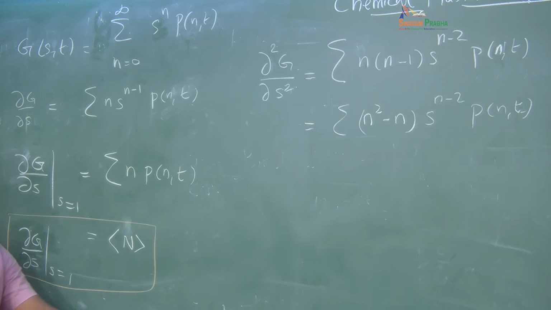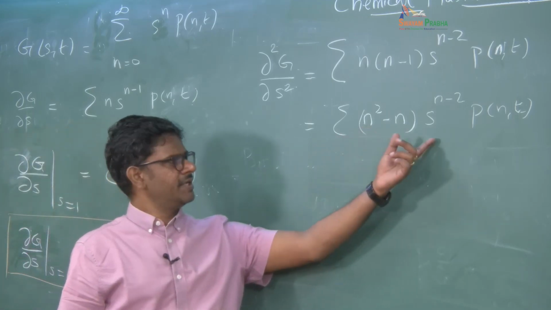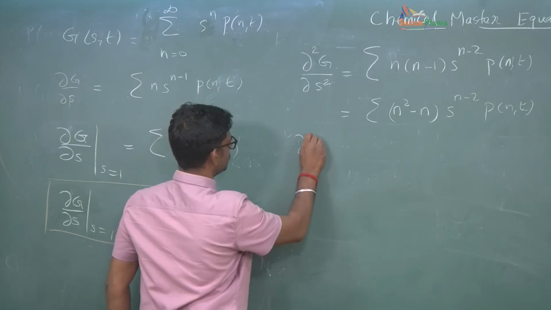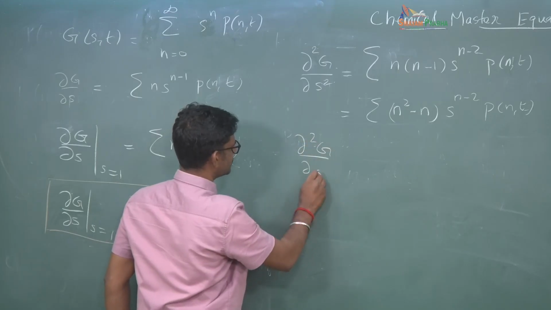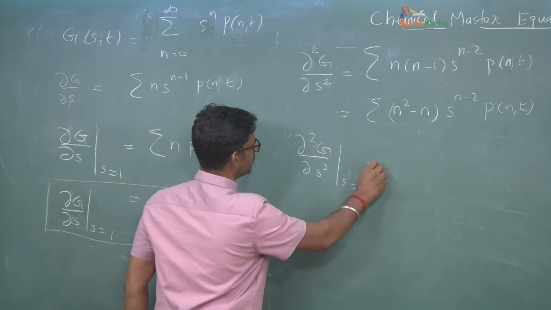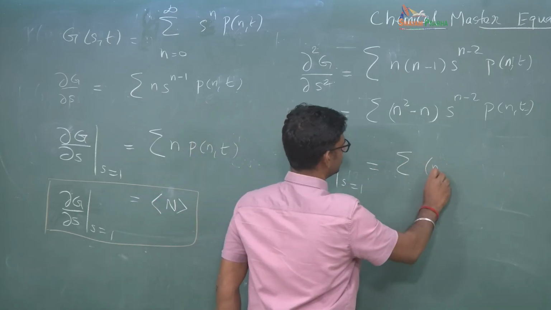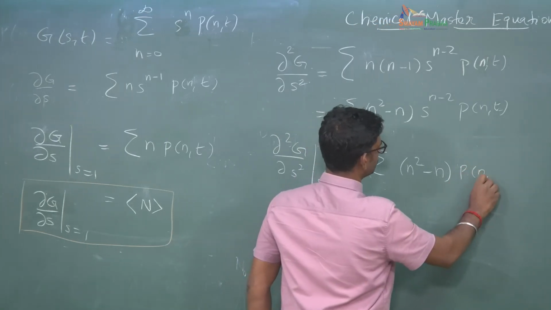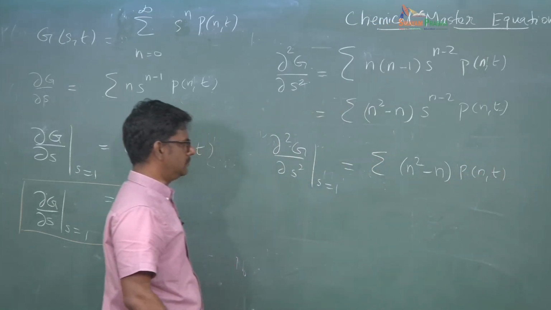So the second derivative gives this n square minus n multiplied by s power n minus 2 p of n comma t. Now if I calculate the second derivative of g with respect to s at s is equal to 1, then I get n square minus n p of n comma t.